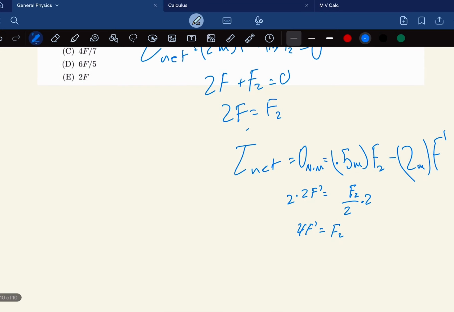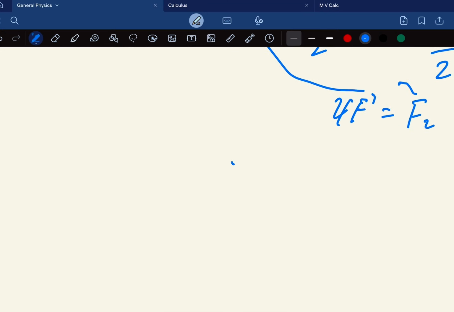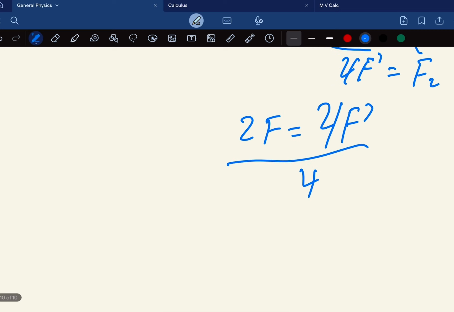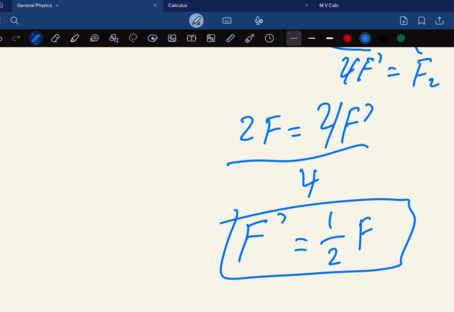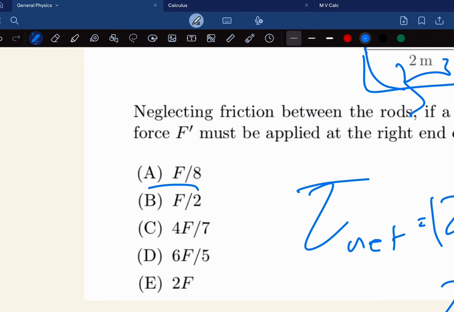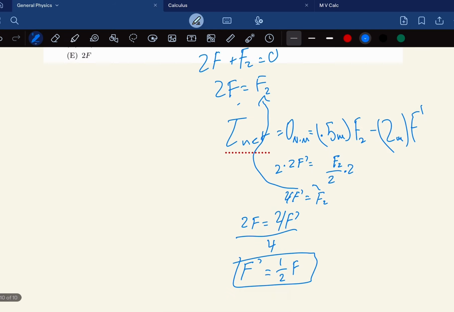So we can replug this in for our F2, and we get 2F equals 4F prime. And when we divide by 4 to get F prime by itself, we have F prime is equal to 1/2 of the original force applied. And now when we look at our answers, we see that that is answer choice B. So that is the answer for that question.